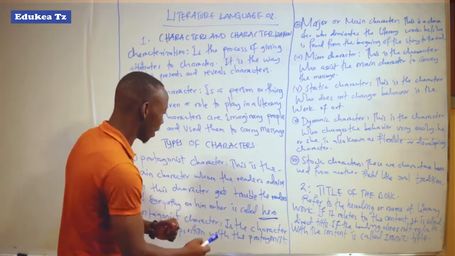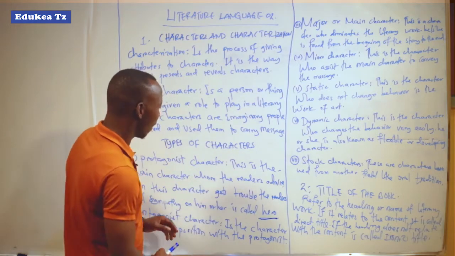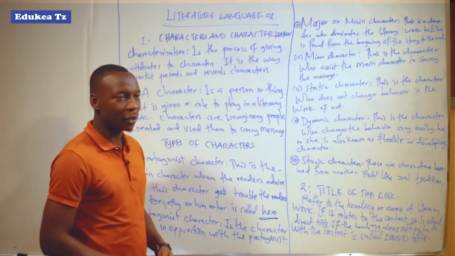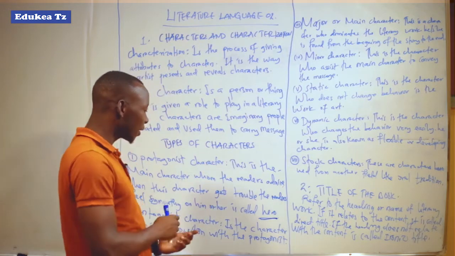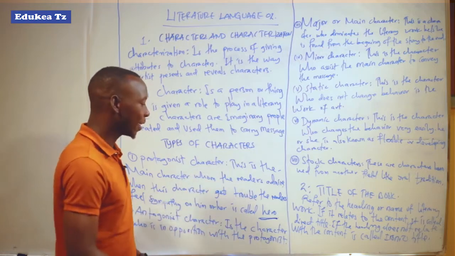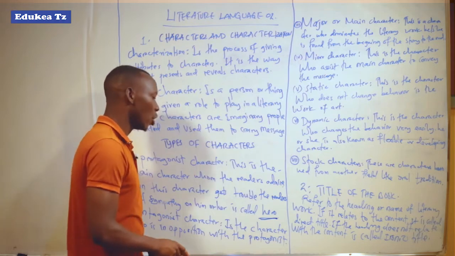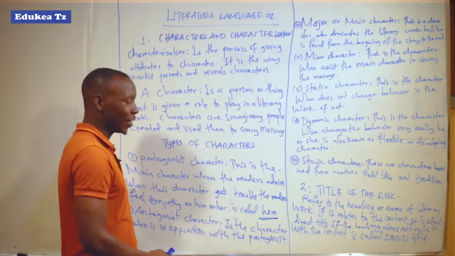But the protagonist character in general, I could say, is the character who is there for the sake of changing the society from the negative attitude to the positive attitude. He sticks to the one thing, and he carries the message. If he stands for one side, he does not change.